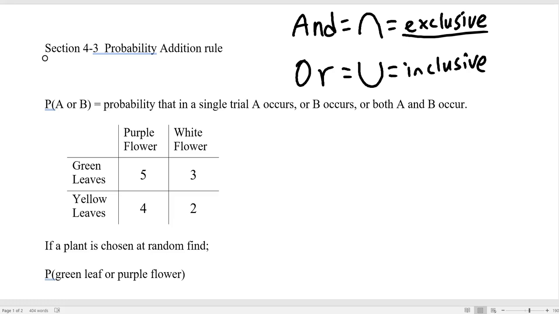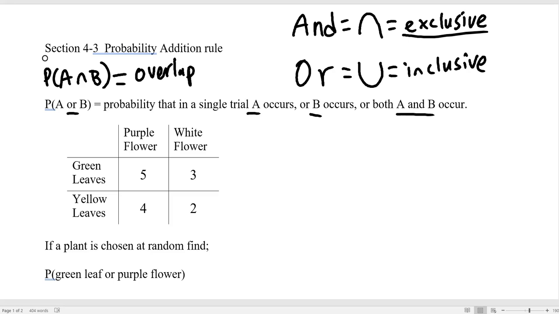So if I talked about the probability of A and B, I'll start with that one. It is basically going to be the overlap of A and B. It is going to be the small group. If we say A or B, it'll be the probability of A or B or both.